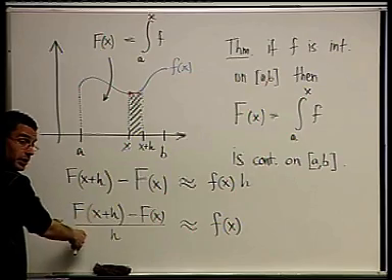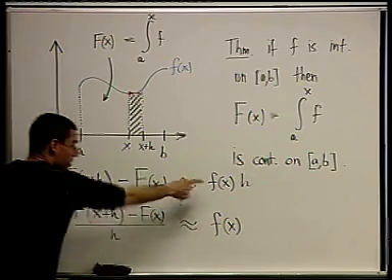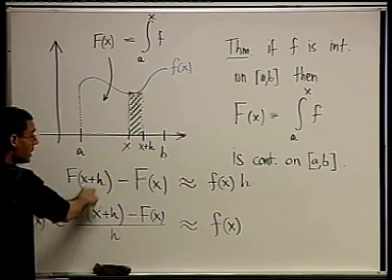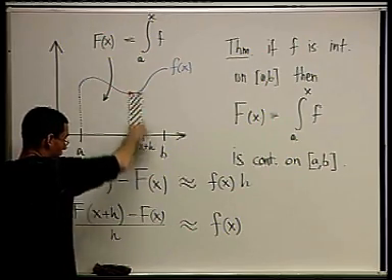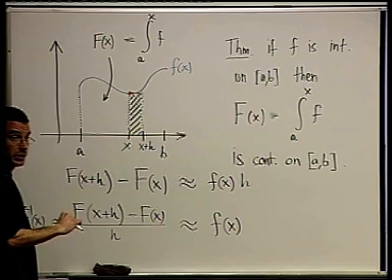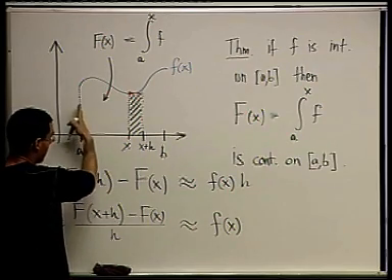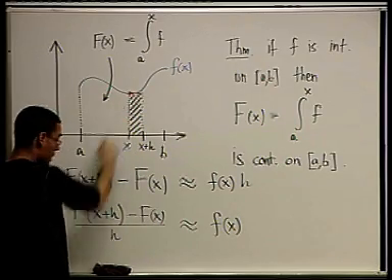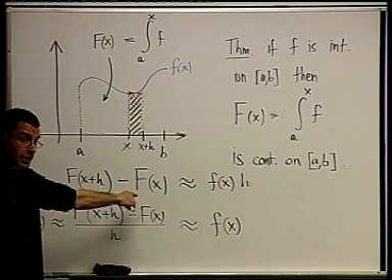Can you please do that last graph again? From here to here? Yeah. From here to here, I just divided both sides. The first one, how I got this? I calculated the area of this rectangle in two different ways. One by saying it's the area under the graph all the way up to here, minus the area only up to here. That's this side. Do you believe that? Yeah.